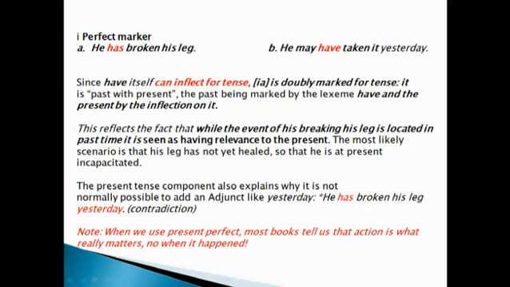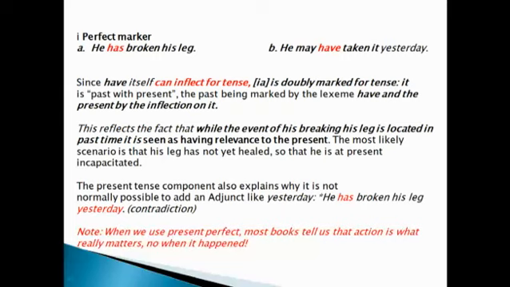This reflects the fact that while the event of his breaking his leg is located in past time, it is seen as having a relevance to the present, and that's what we normally explain to students when we are teaching the present perfect. That present perfect is past with present, past event with present consequence.